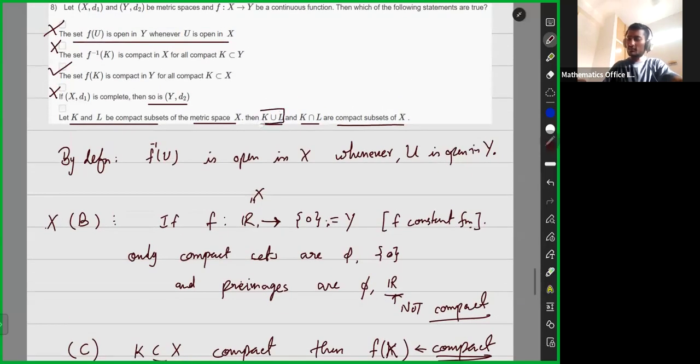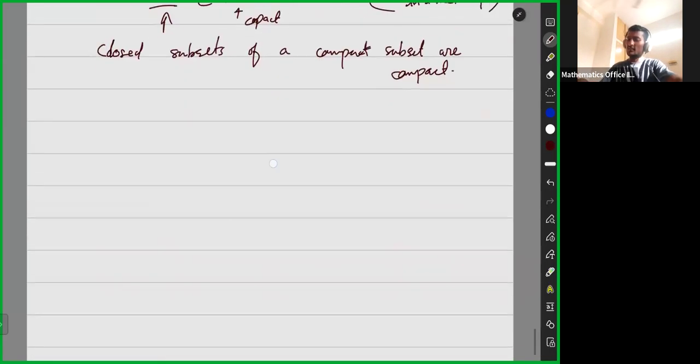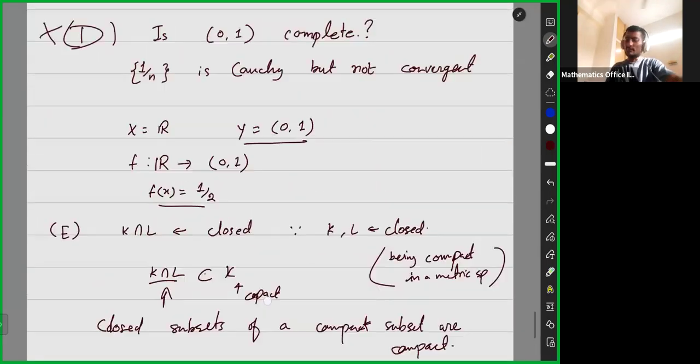Okay. What about union? I would like to see if someone answers this. Finite unions and intersections of compact sets are compact.